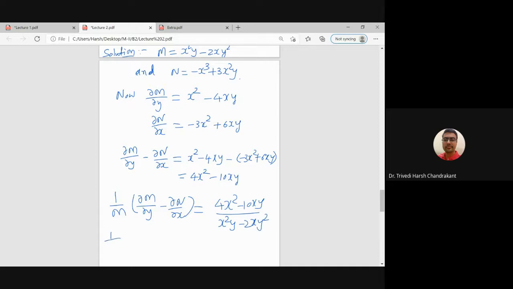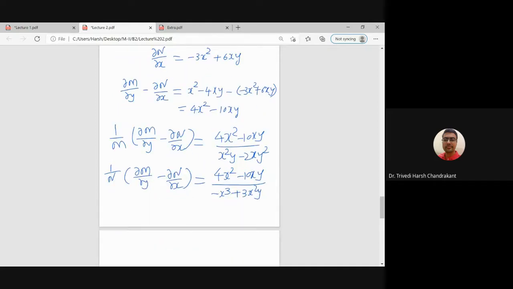Similarly, 1 upon n times del m by del y minus del n by del x is equal to 4x square minus 10xy divided by the n function, which is minus x cube plus 3x square y. So both of these are two variable functions. They are not single variable functions.